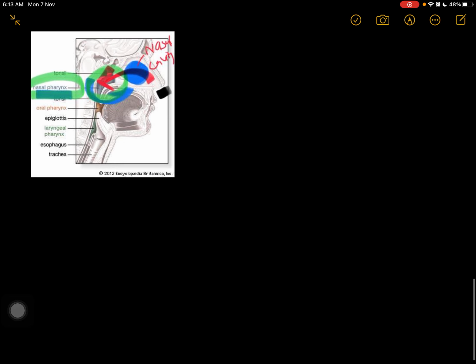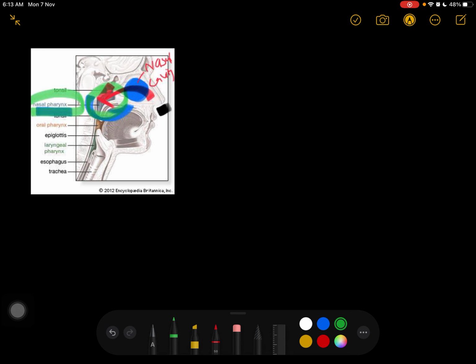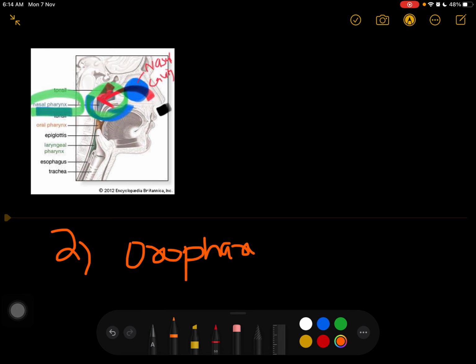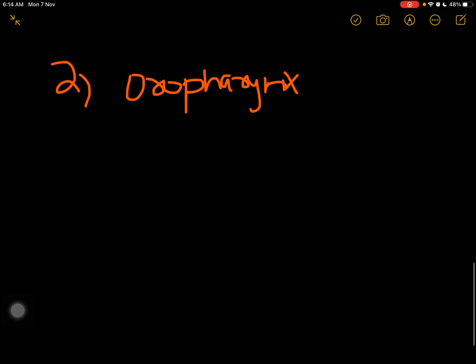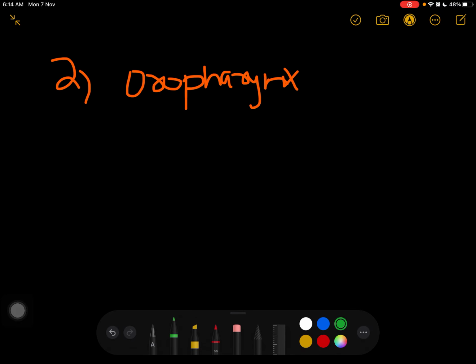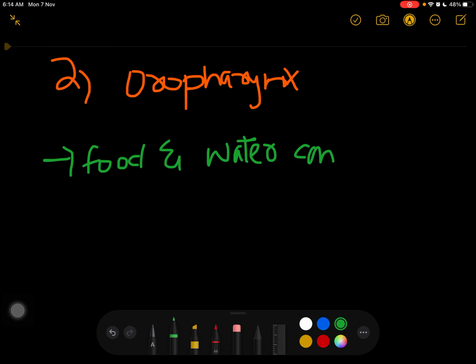Now the second part is oropharynx. It is a place from where food and water come inside.